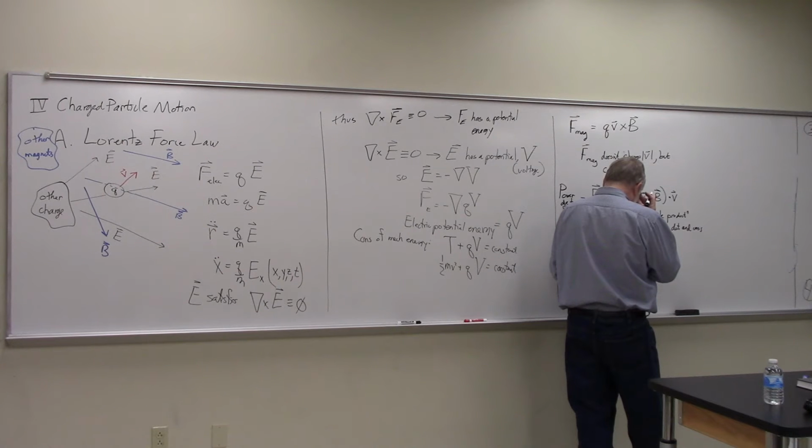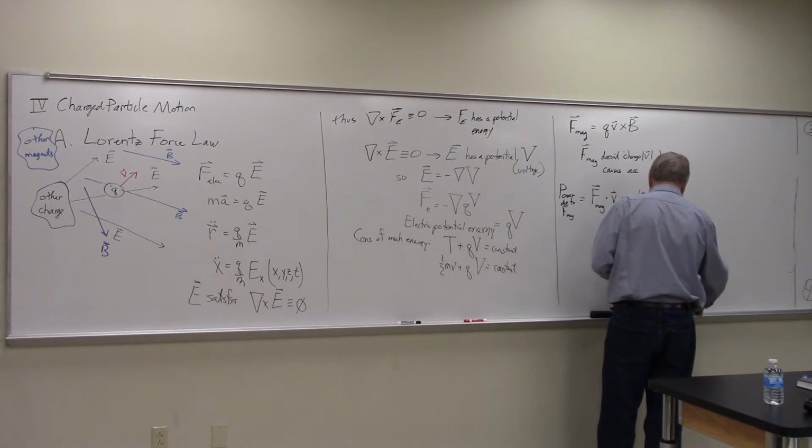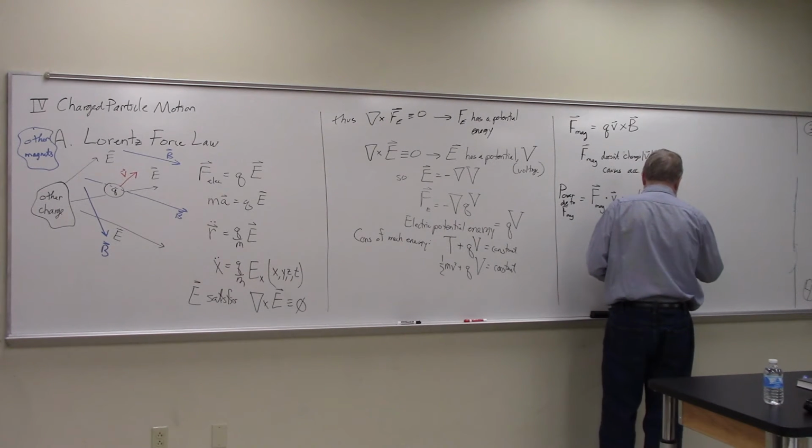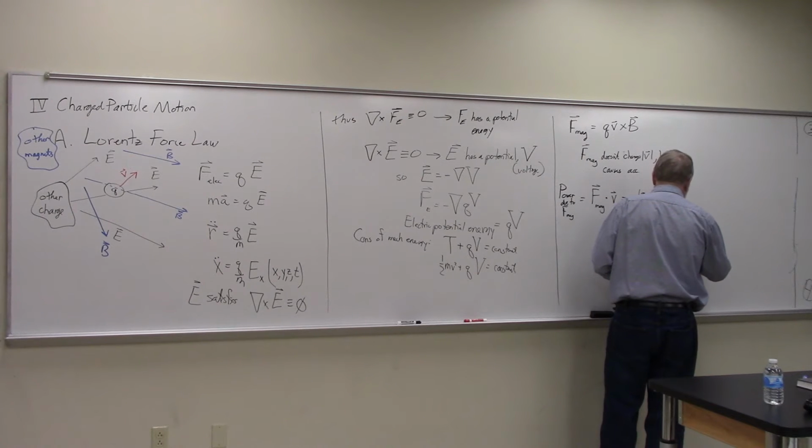I don't think I wrote it down actually, I just looked on my notes and said, oh yeah, you can do this. Maybe you can't interchange the dot and the cross. You can interchange the vectors.